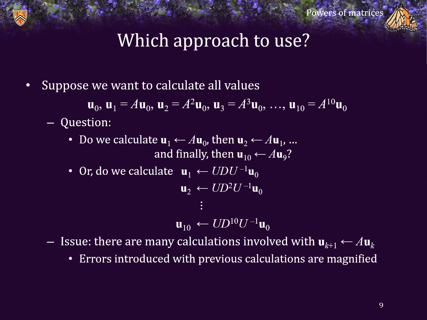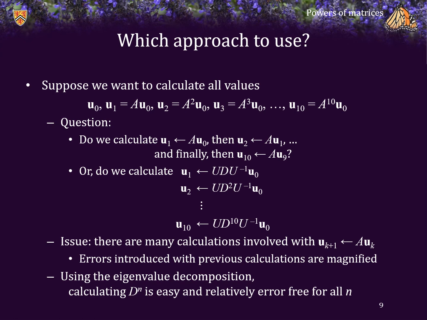Well, there are issues. For example, there are many different calculations that are involved when we are calculating the next entry if we are doing this iteratively by calculating u1 and from that calculating u2 and so on and so forth. Each matrix vector multiplication introduces errors, but not only that, the previous value that we are using now also has errors associated with it, and therefore those errors are going to be magnified.